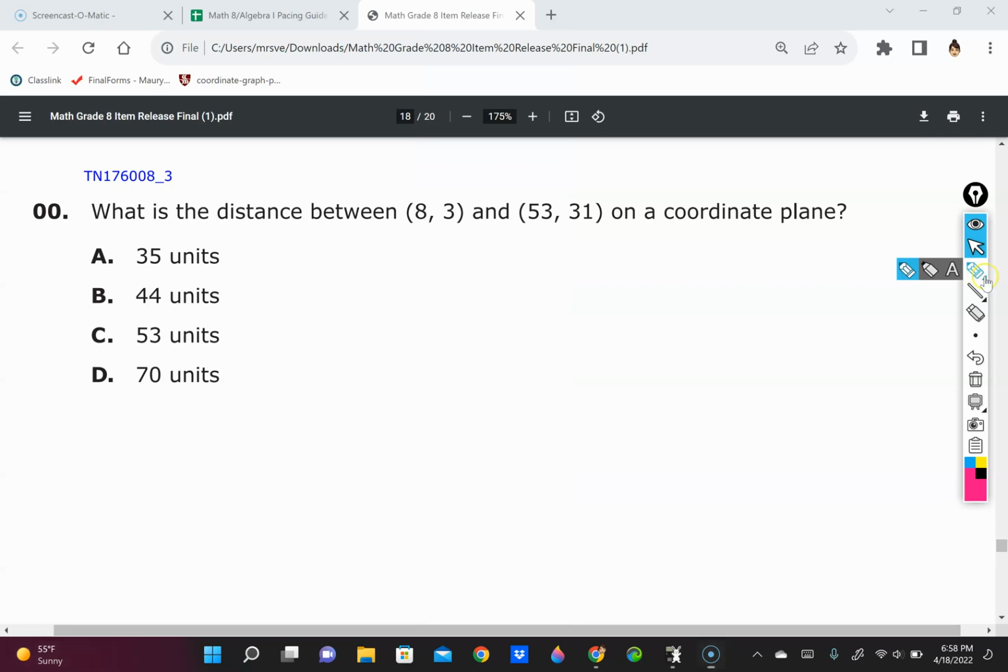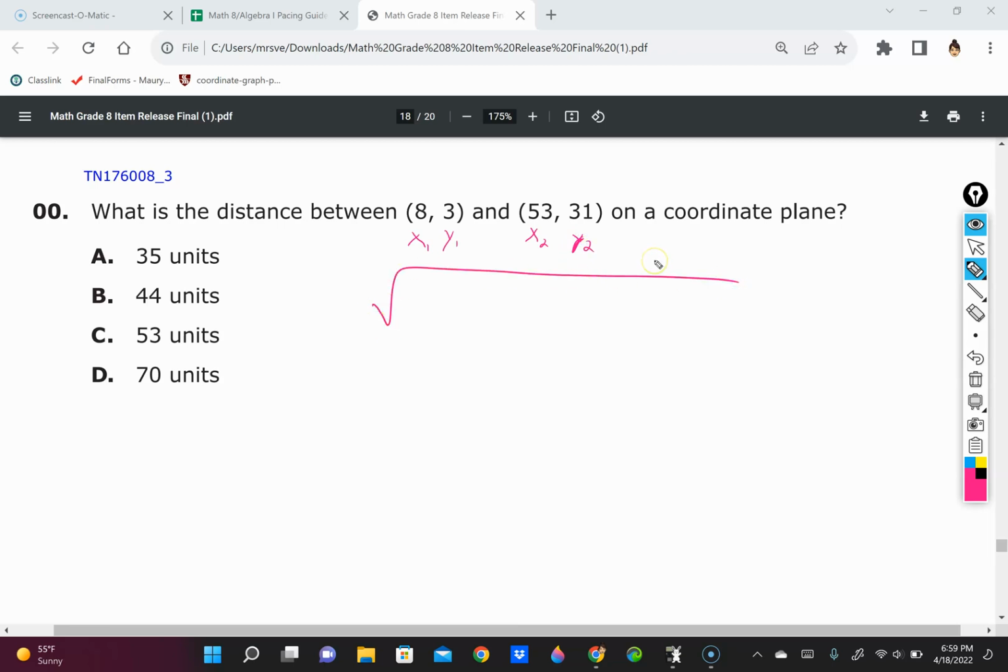What is the distance between (8, 3) and (53, 31)? Typically, I would say graph this on a coordinate plane and find the hypotenuse. But with that number being so large, I wanted to show you a different approach. This is your first x, this is your first y, this is your second x, this is your second y.